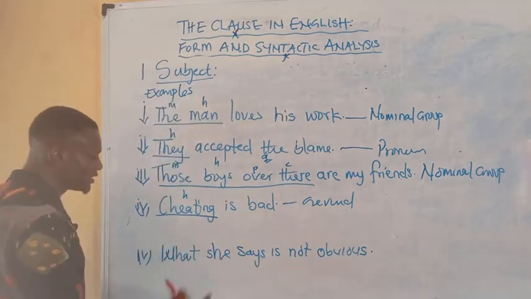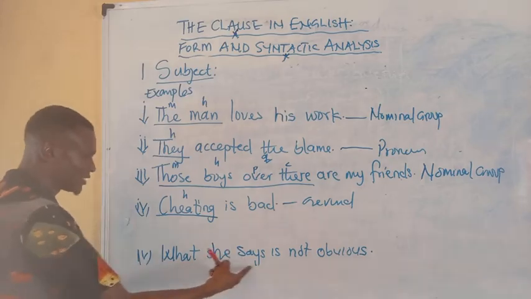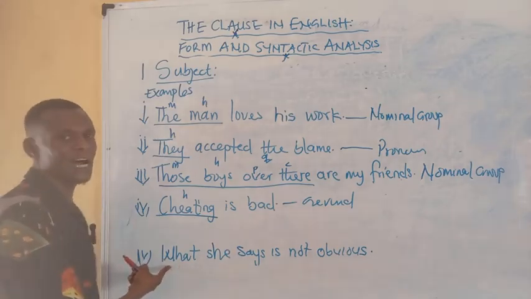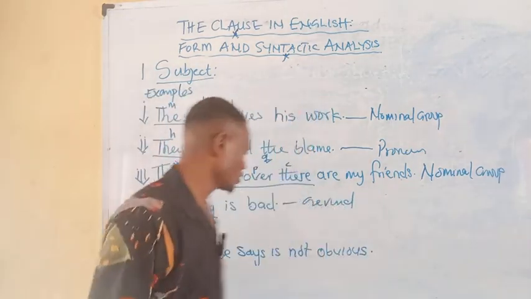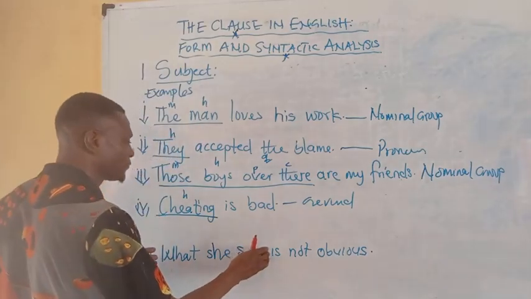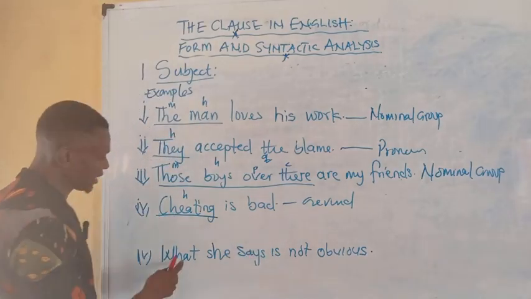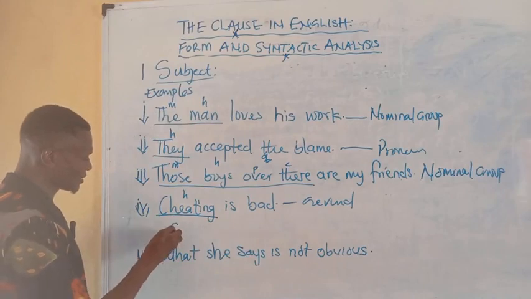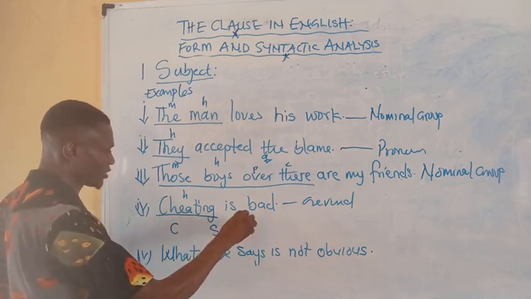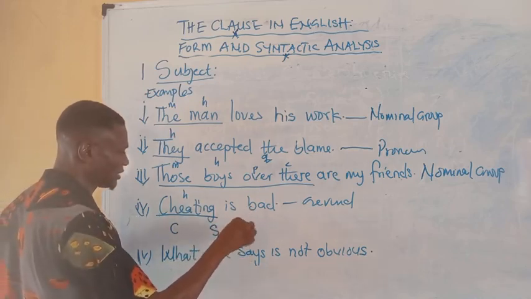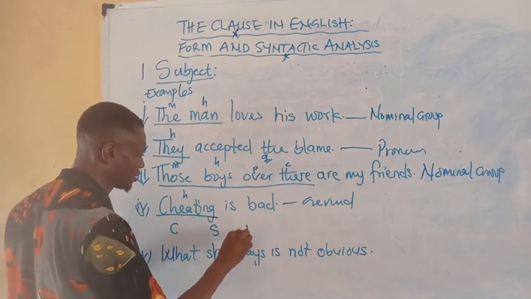This kind of subject here is referred to as a nominal clause, because what we have here is a full clause. Here is the complement, here is the subject, and says is the predicator.